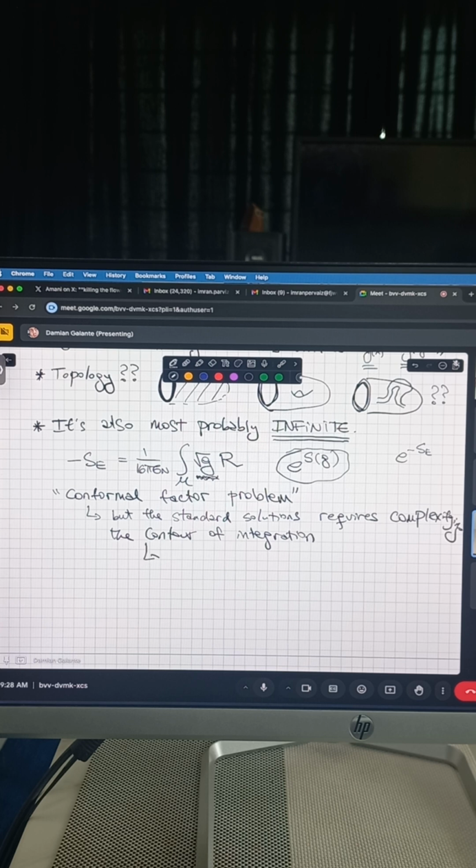So all of a sudden, this is something that was done by Tibra's supervisor. This goes by the name of Gibbons, Hawking, and Perry. But all of a sudden, if we are studying the Euclidean path integral, what this thing is telling us is that we should not only consider real metrics, but we should get into the world of complex metrics.